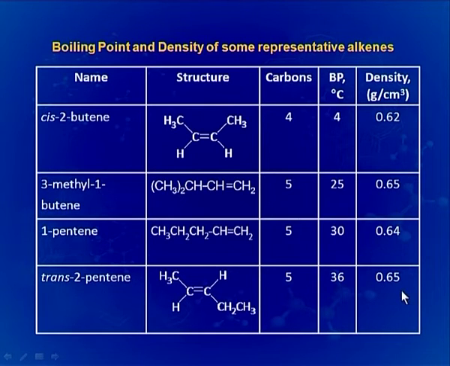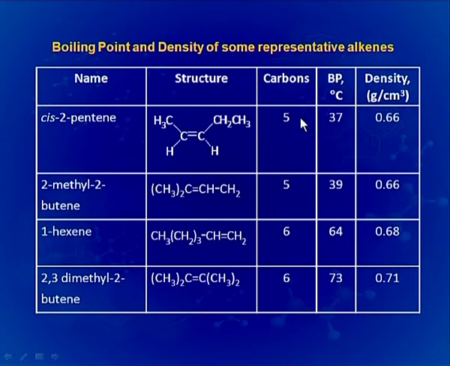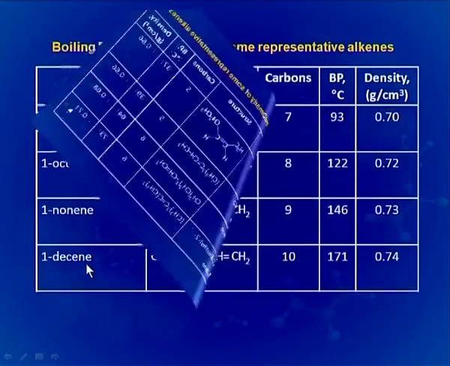While the number of carbons in this case from cis-2-butene to trans-2-pentene has increased from 4 to 5, there are other examples of alkenes with 5 carbons in the chain. These are also similar cases; the number of carbons has now increased to 6, and we observe that the boiling point has increased to 73 and the density has also increased to 0.71.